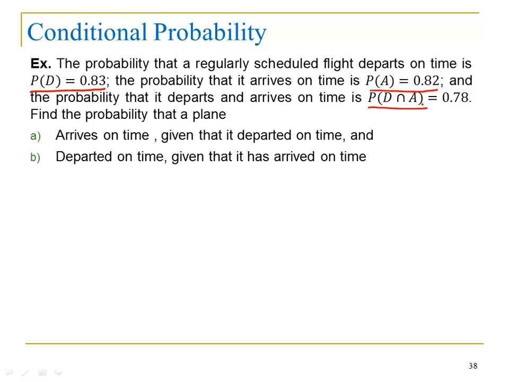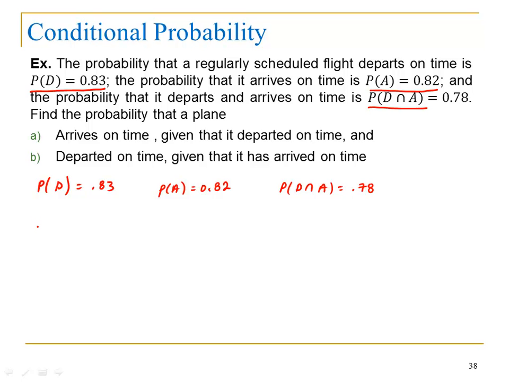Let me write those probabilities here. So the probability of departing on time is 0.83. Probability of arriving on time is 0.82, and the intersection of the two is 0.78. So again, this is a conditional probability.